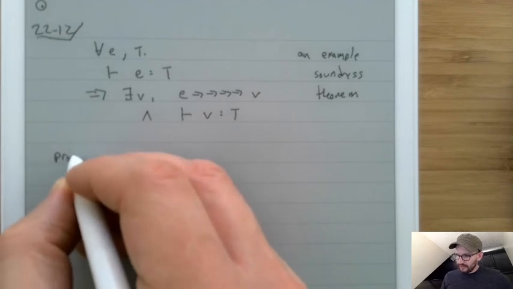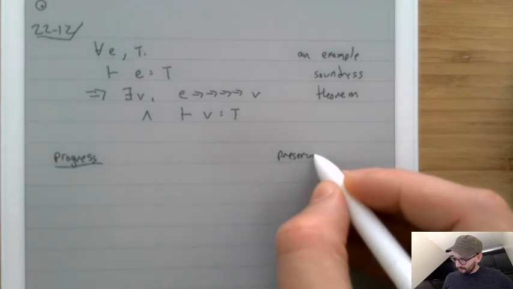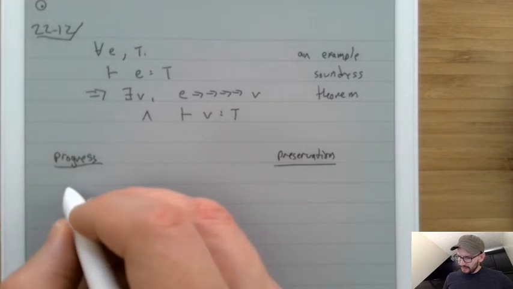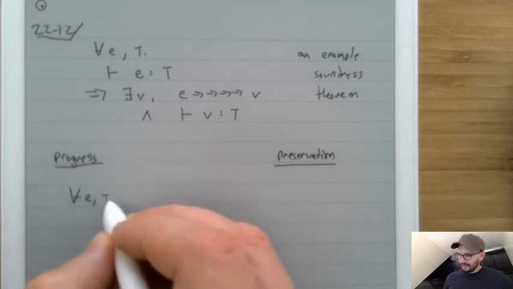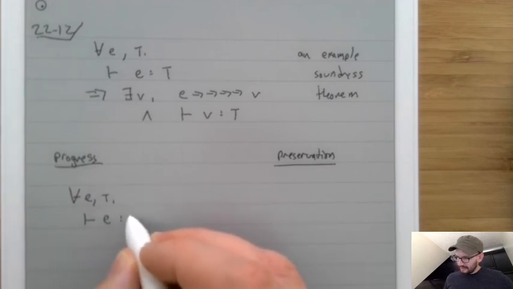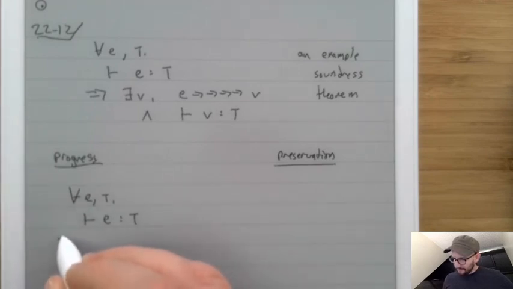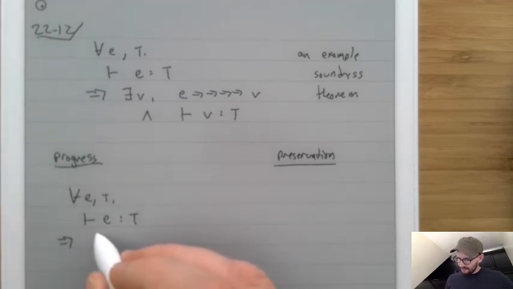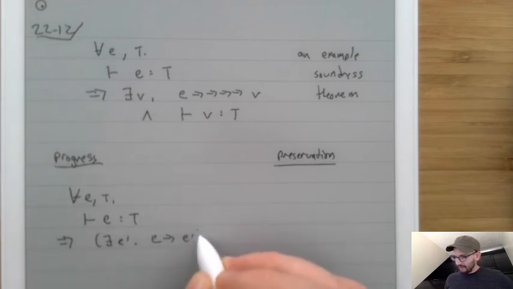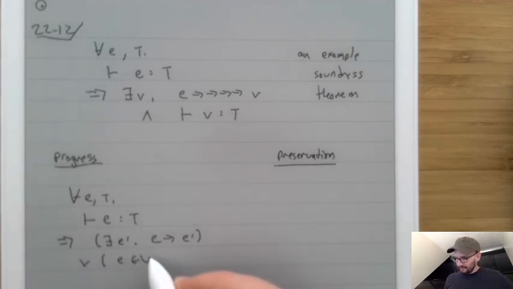We write two theorems. One is called the progress theorem, and one is called the preservation theorem. And here's how it works. The progress theorem says, for all e, t, if the theory predicts that e is of type t, then that implies that either there exists an e prime where e gets turned into e prime, or e is a value.